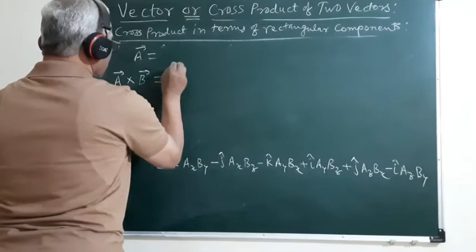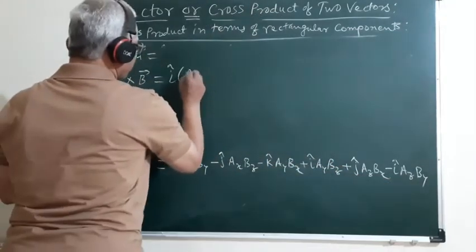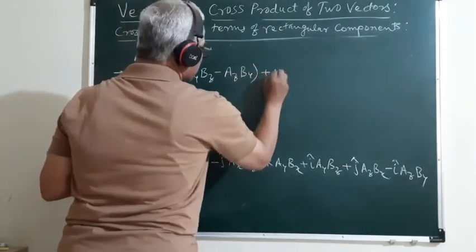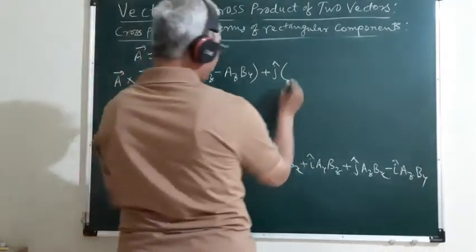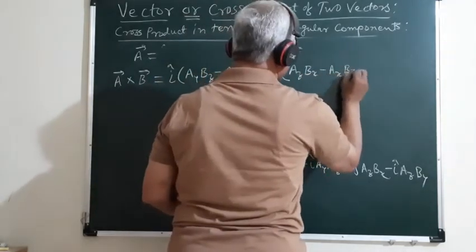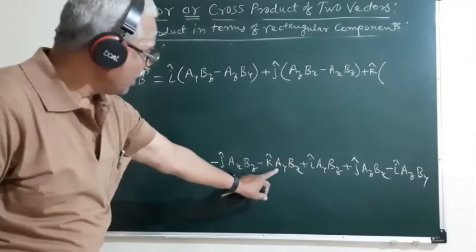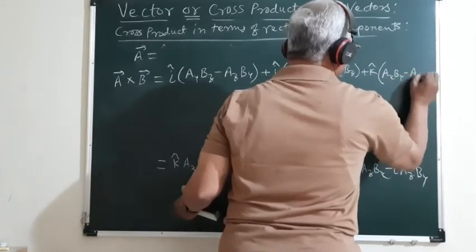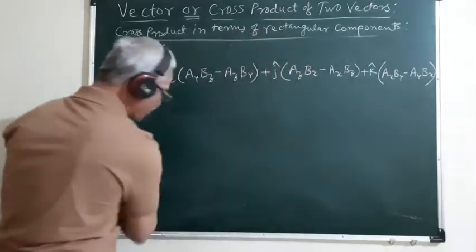So this is equal to i cap into bracket ay bz minus az by plus j cap into bracket az bx minus ax bz plus k cap into bracket ax by minus ay bx.